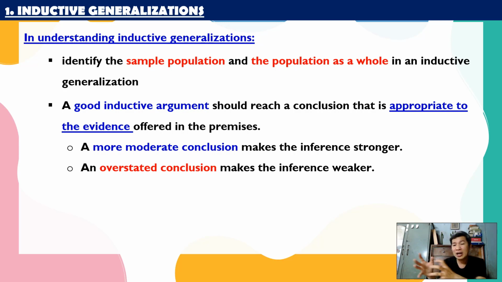We have to make it very close to the facts. We have to base on the facts to make very close inferences. Don't make the inference too far away. Right? Then you can see a more moderate conclusion makes the inference stronger. Then it is less likely to be attacked.